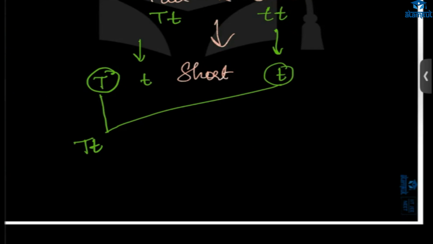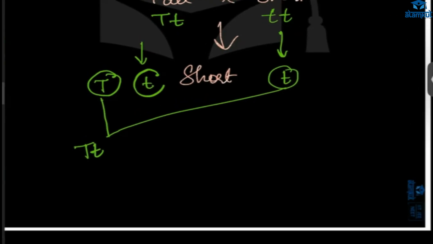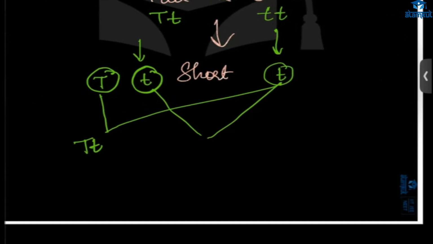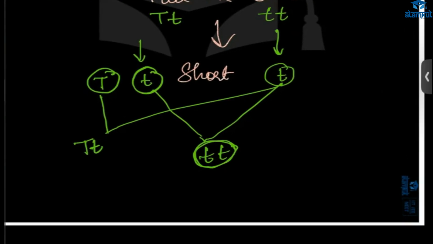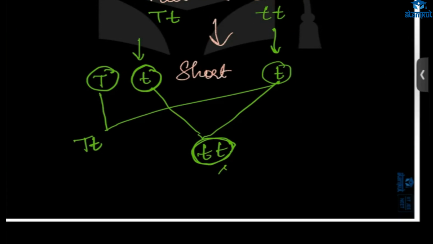You get T t and t t. That is how you are getting a short one.